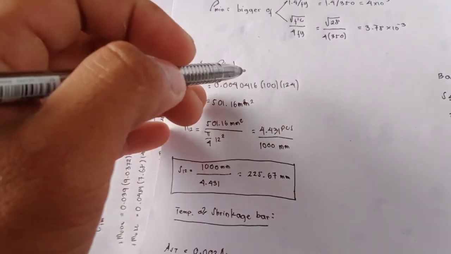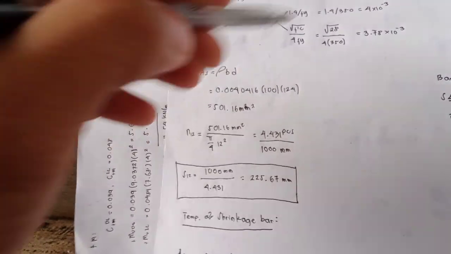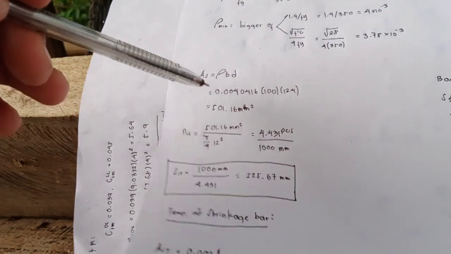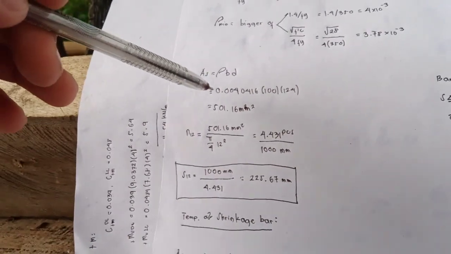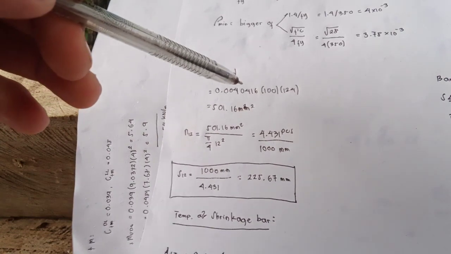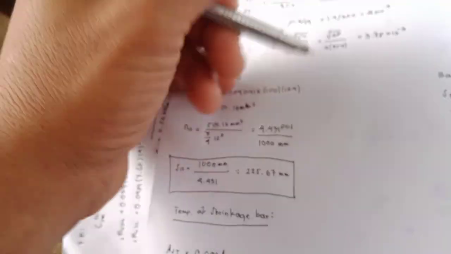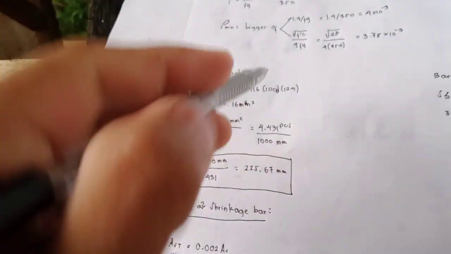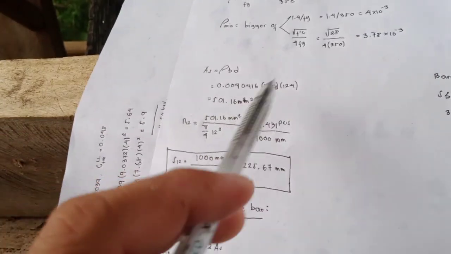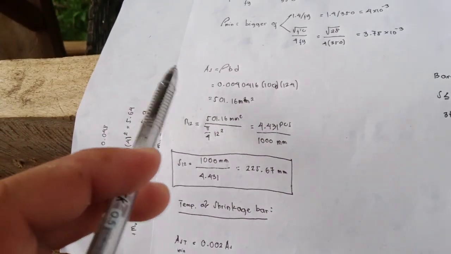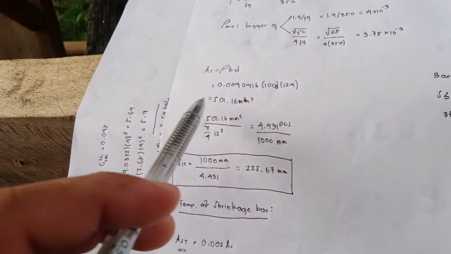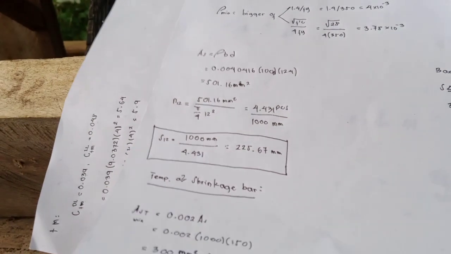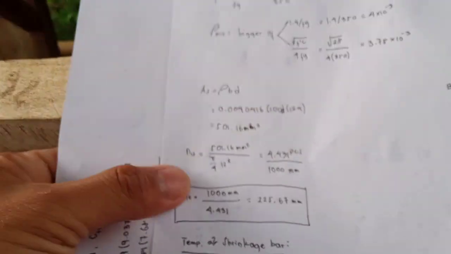So our rho is equal to 4.0416 times 10 to the negative 3, so 0.0040416, times b which is 1000, times our d equals 124. So our As is equal to 501.16 millimeters squared.